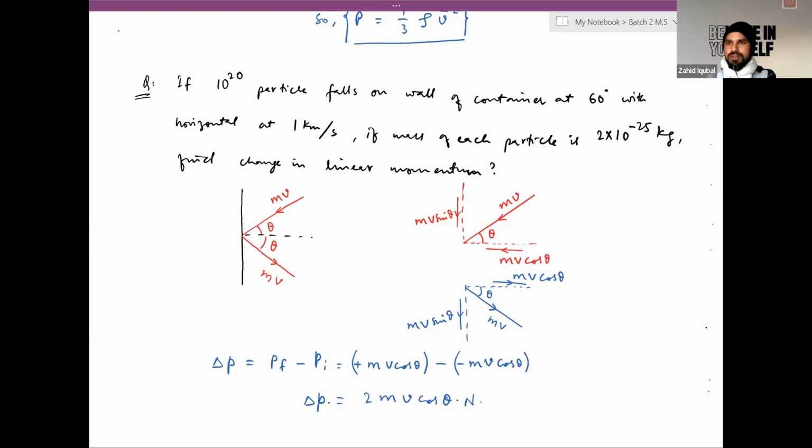Convert velocity into meter per second by multiplying it by 1000. The rest of the terms are in SI units. For velocity 1 kilometer per second, just write it as 1000 meter per second or 10 to the power 3 meter per second.